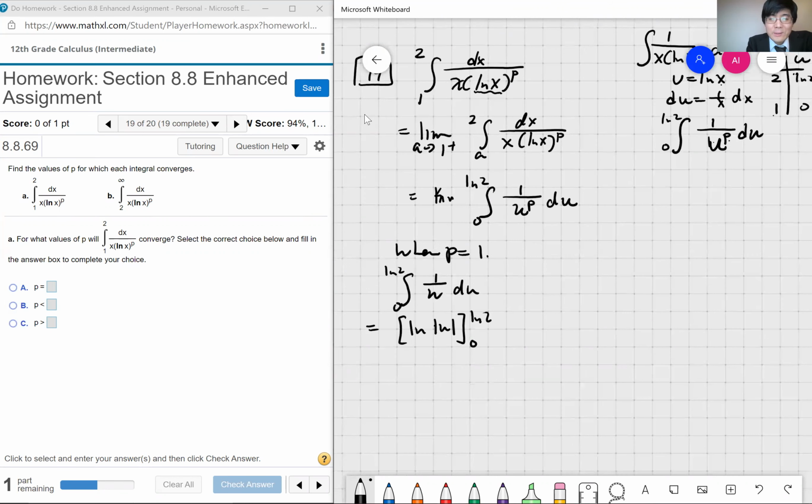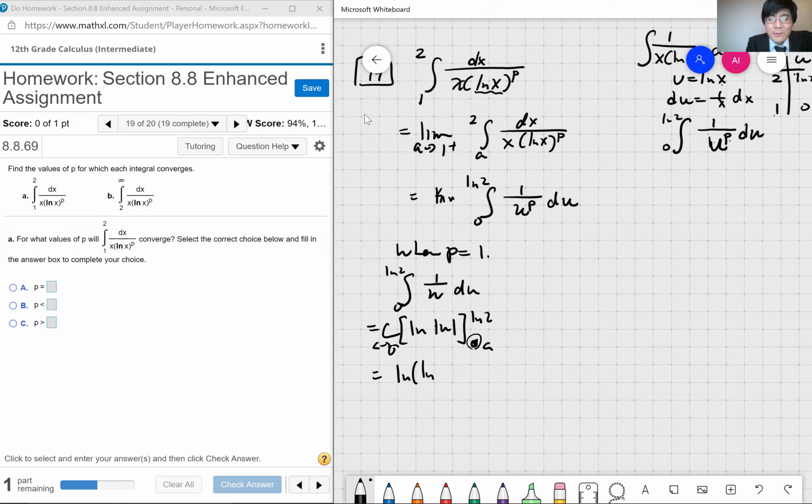Where 0 is basically you have to take a limit actually. But it's going to be ln of 2 minus ln of a, where a goes to 0. So this is going to be negative infinity. Remember, ln becomes negative infinity when input becomes 0 from the right side. So it is diverging at p equal to 1.